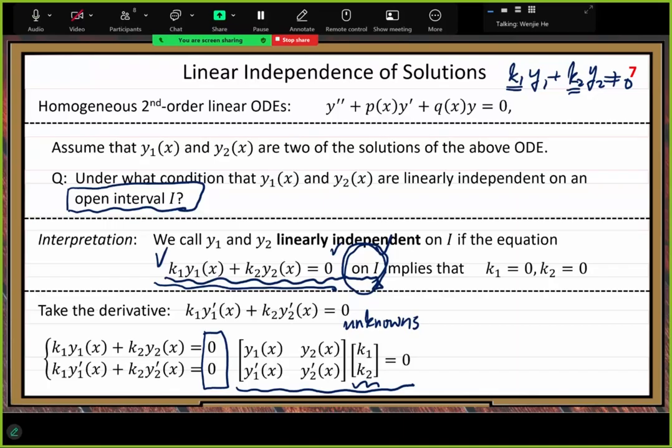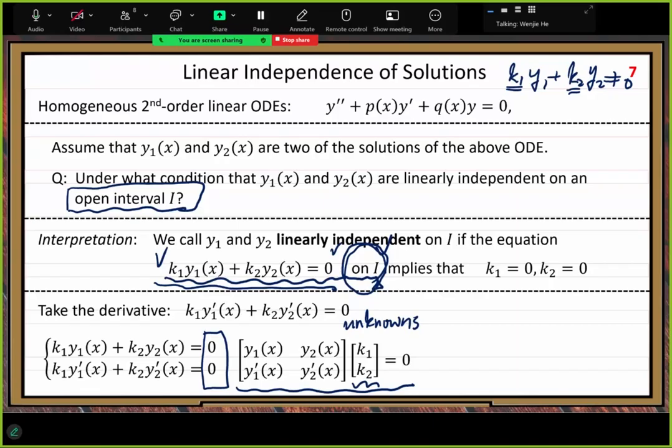Then here we need some knowledge from linear algebra. Based on my experience last year, most of you do not feel very comfortable about linear algebra. So let me ask you one question.